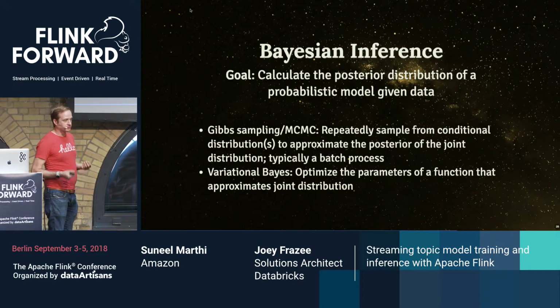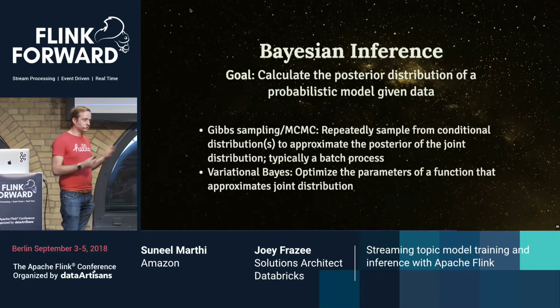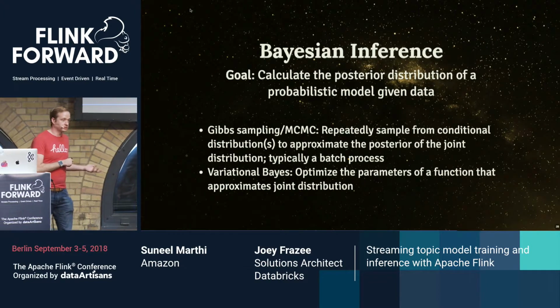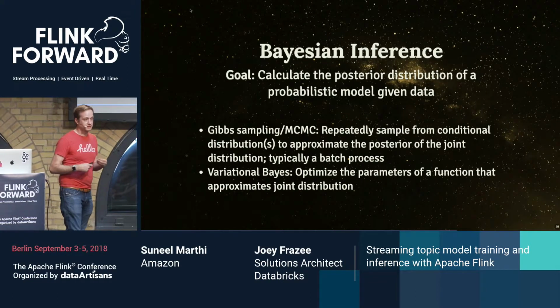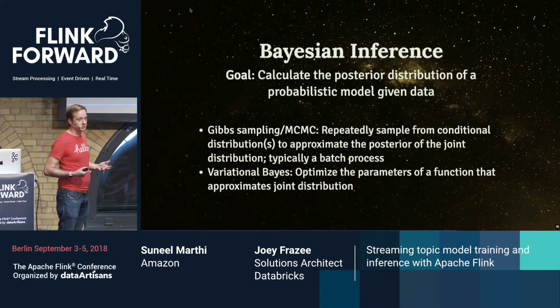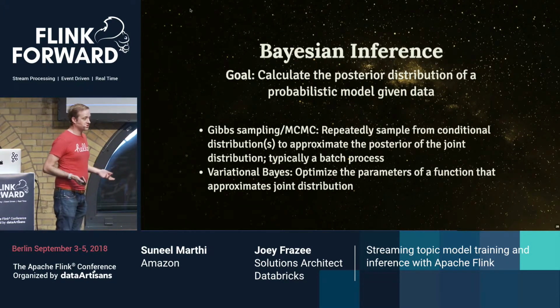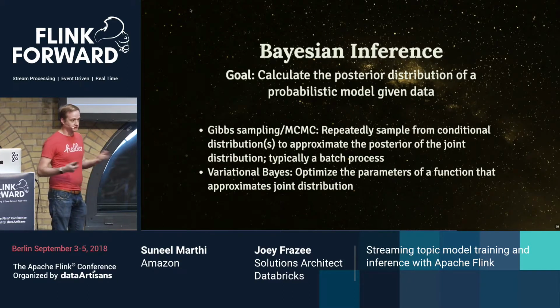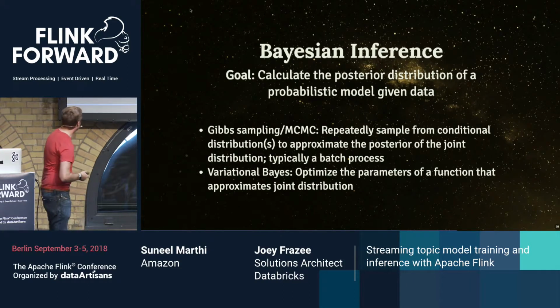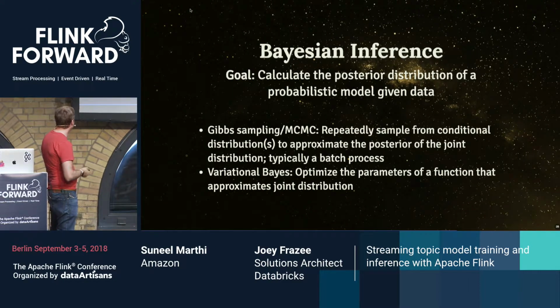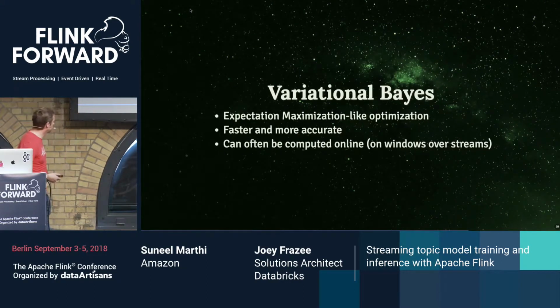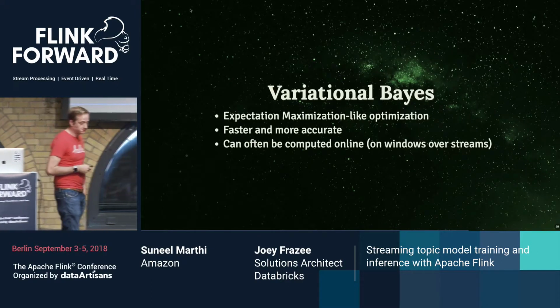People then noticed that there's an alternative: instead of sampling and estimating the posterior distribution, if you have an auxiliary function, you can do an optimization on that approximation to the function that you actually want. That's called variational Bayes, and that's what we're going to be looking at with online LDA.